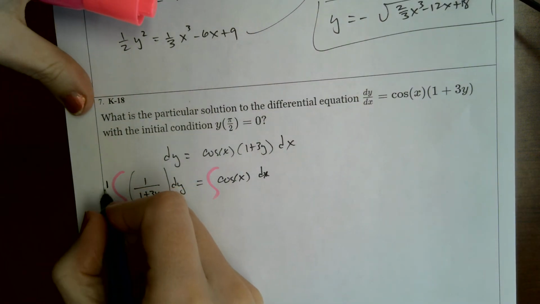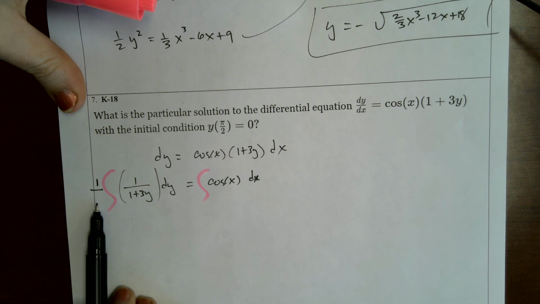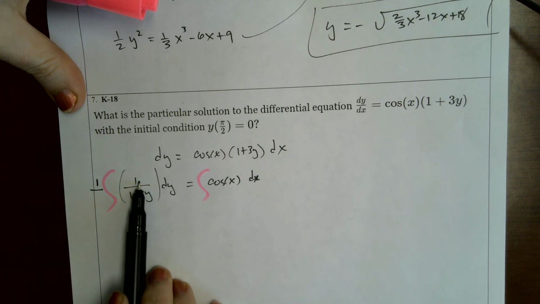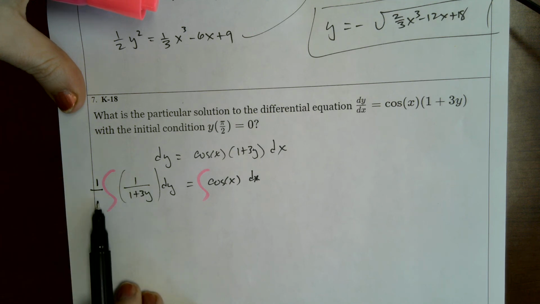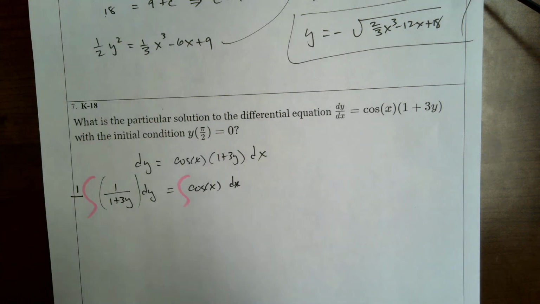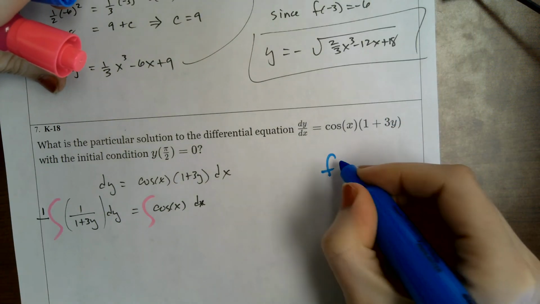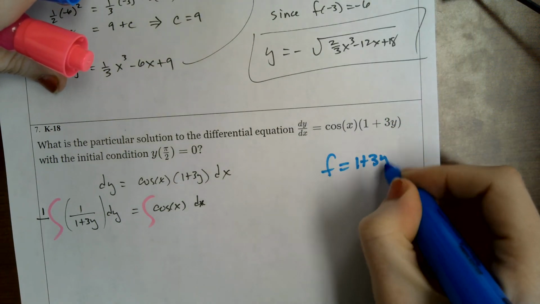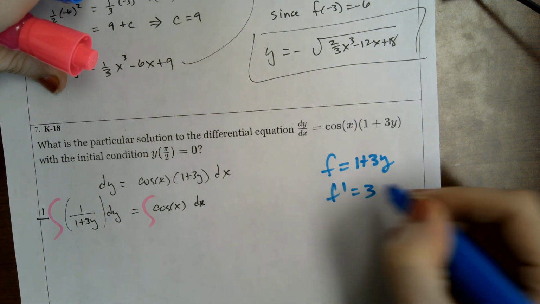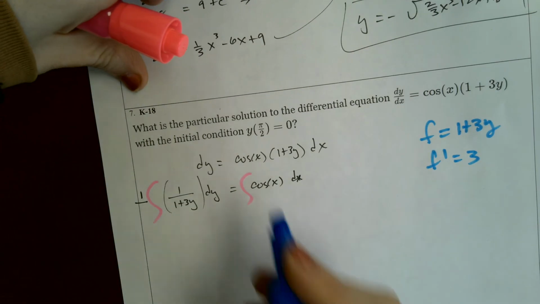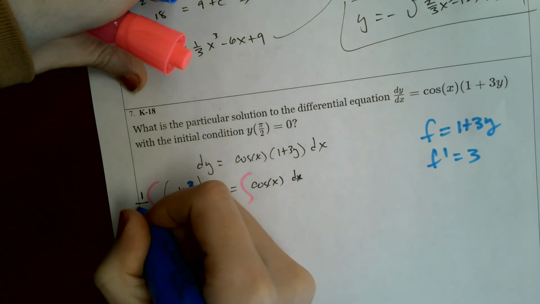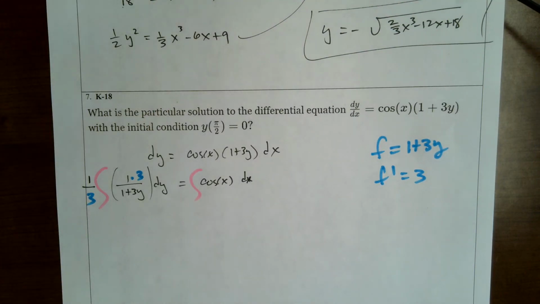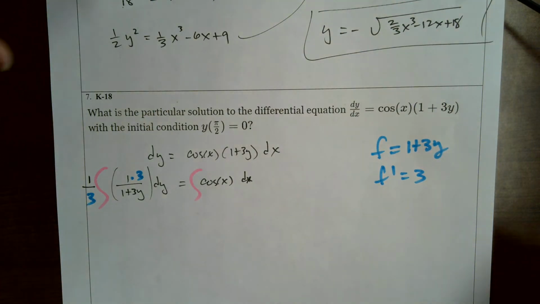So maybe I'll put like a 1 over, and I'll leave a blank, because if I put something up here, I'm going to have to divide by it outside. So for the f prime over f, if f is 1 plus 3y, then f prime is 3. So I need the top to be 3, which means I would divide by 3 on the outside.